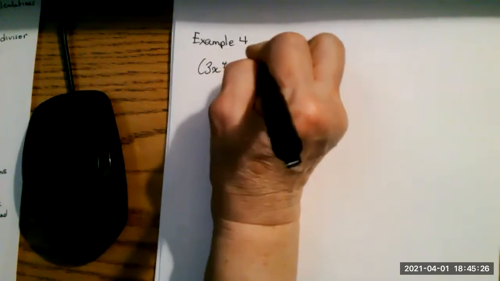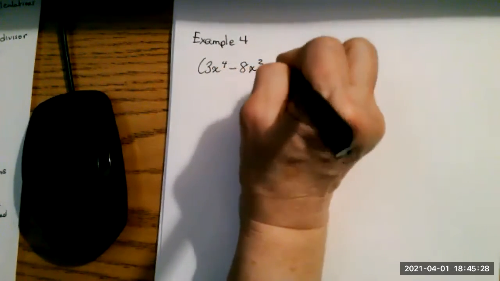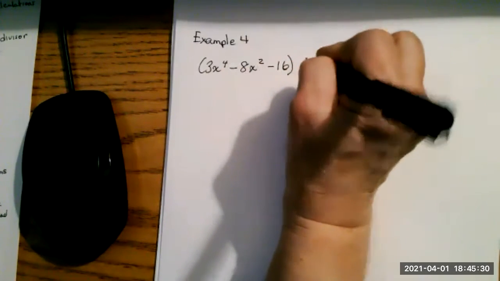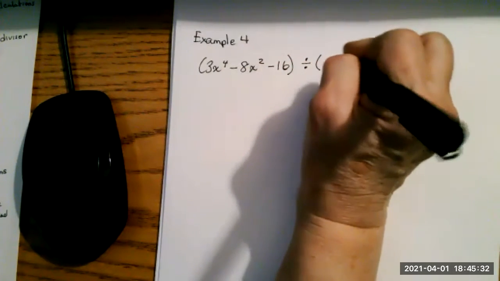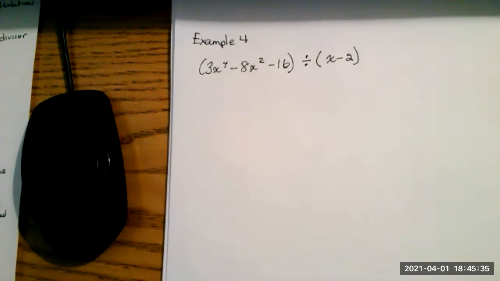This is actually your example 4 from your homework. And it has 3x to the 4th minus 8x to the 2nd minus 16 divided by x minus 2. Looks like that. So let's check through our checklist here.